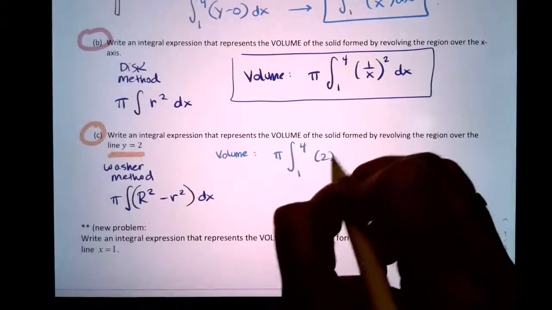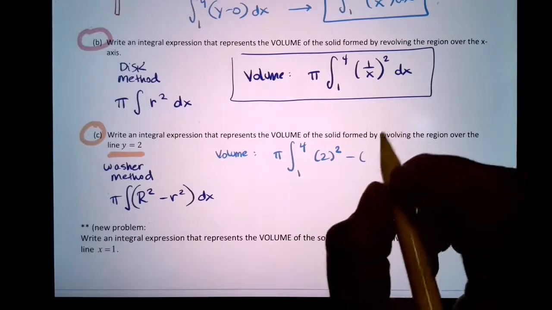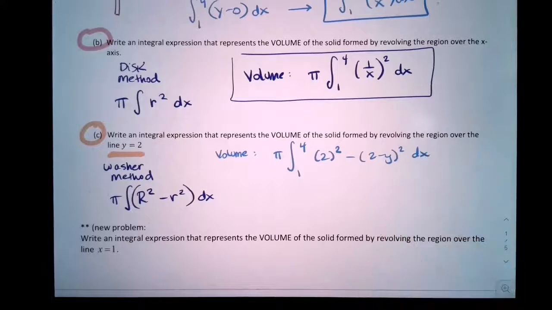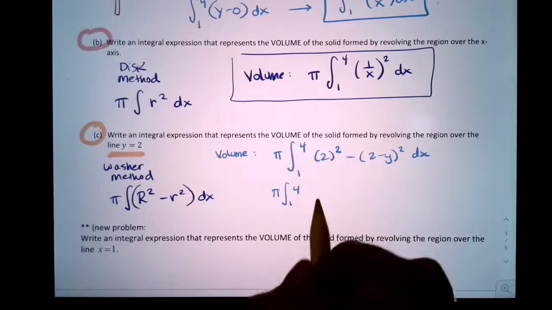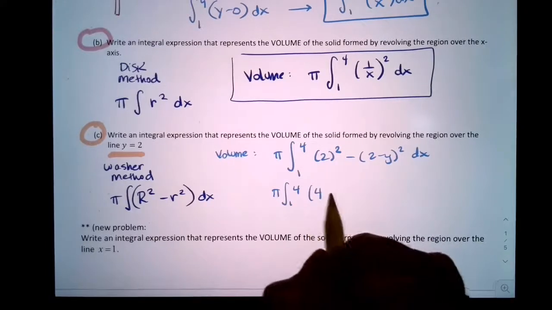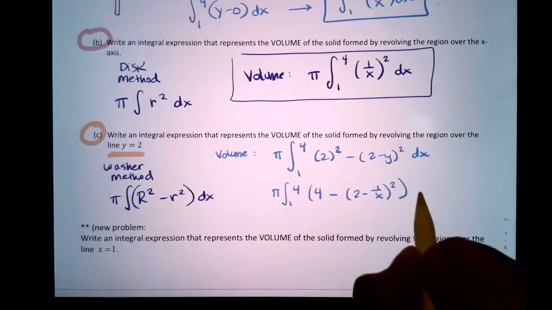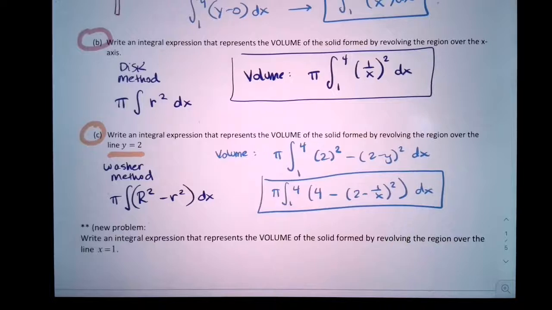Cap r we said was just 2, and little r we said was 2 minus y, which looks really weird because my integral is supposed to be in terms of the x variable. So I'm going to make my switcheroo move right here and switch that out. I can also say that 2 squared is 4. And this is a good integral setup to represent that volume.